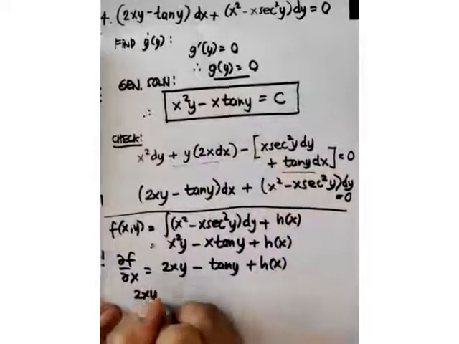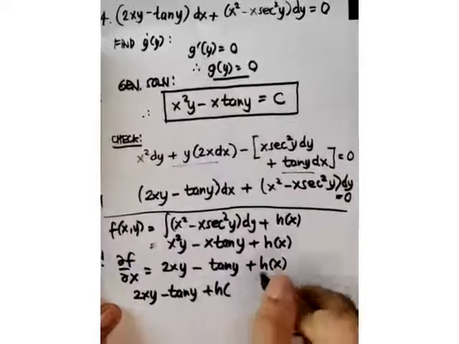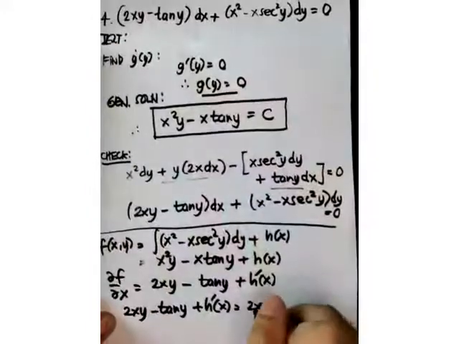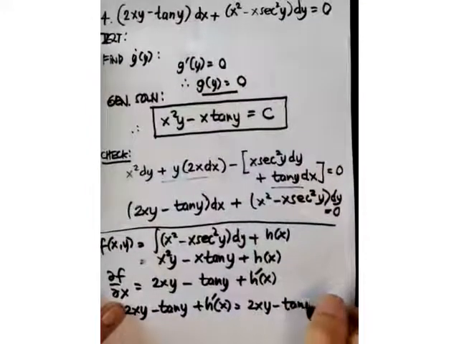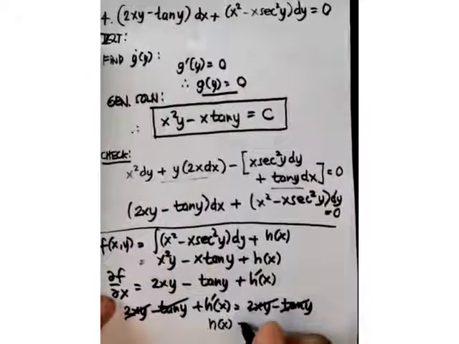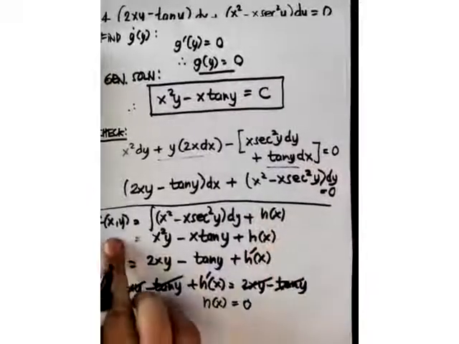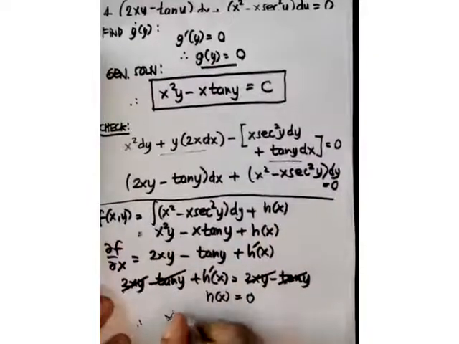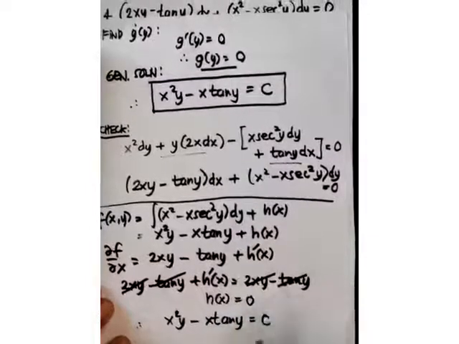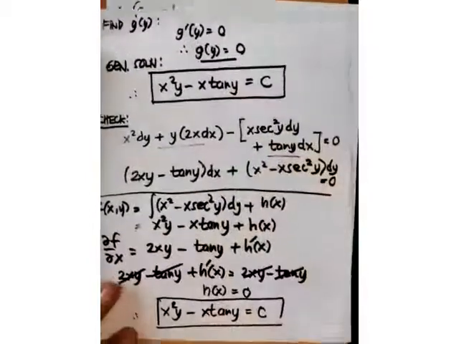So, 2xy minus tangent y plus h of x prime is equal to yung m natin. So, that is 2xy minus tangent y. Diba cancel? So, yung h of x natin is also 0. And then, isa-substitute lang natin siya dito sa f of xy. So, therefore, x squared y minus x tangent y is equal to c. So, this is our general solution. Diba pareho lang naman sila?